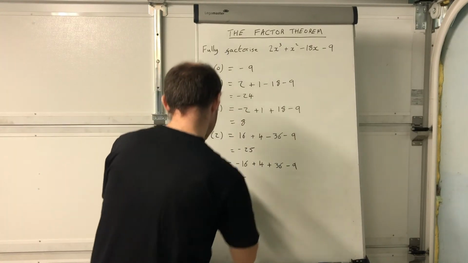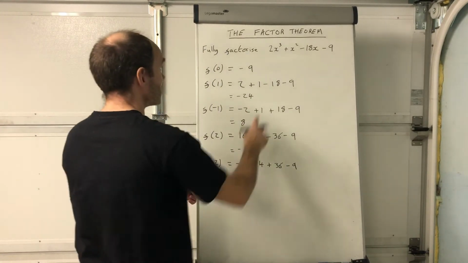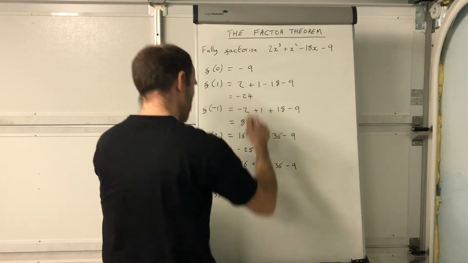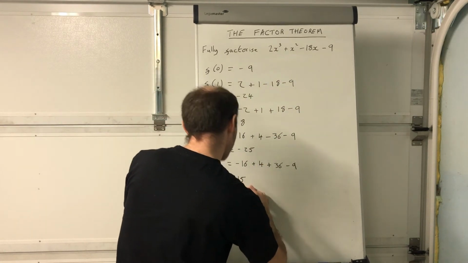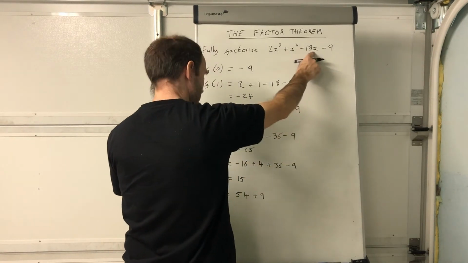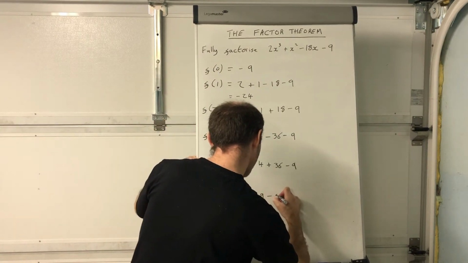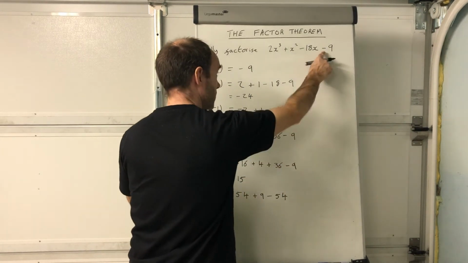The next one let's try is 3. So 3 cubed is 27, times by 2 is 54, and then that's going to be 9, and then 18 times 3, that's 54, so subtract 54. Oh, this is looking more positive, isn't it?